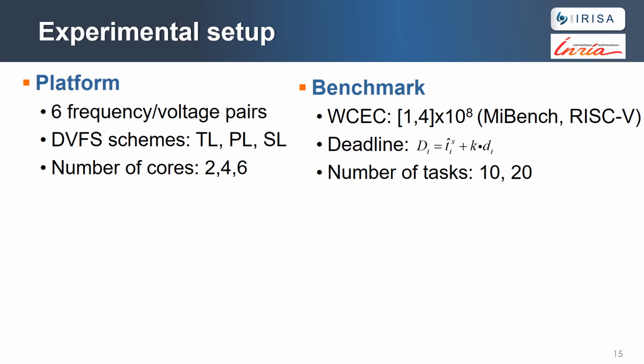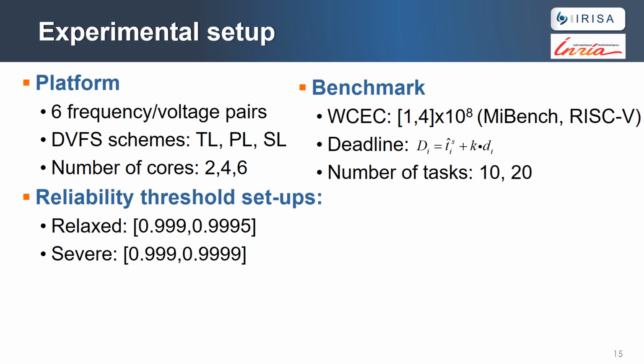By adjusting the value of k, we can range the value of deadline from tight ones to more relaxed ones. To show how the reliability requirement influences the behavior, we perform 2 setups, one with relaxed requirements and one with more severe ones. All experiments are done with the Gurobi solver.